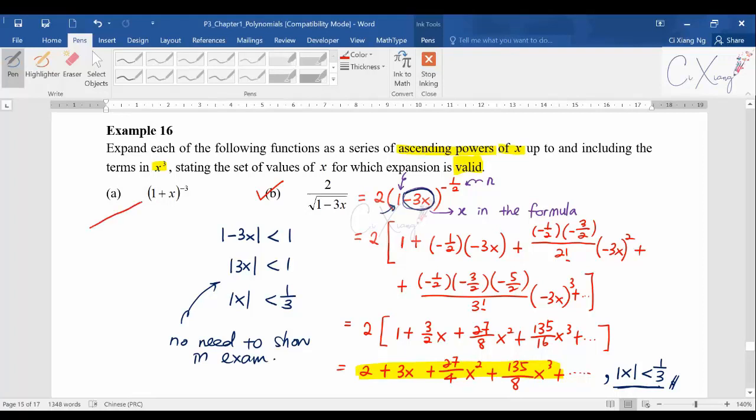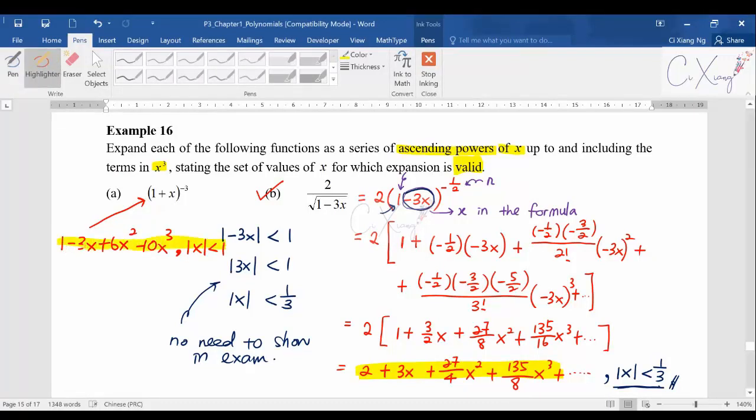Again, please try part A yourself. You should get this answer, and then the valid value of x is x smaller than 1. Have a try and see whether you successfully get this or not.